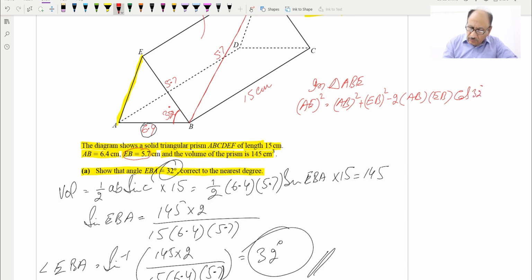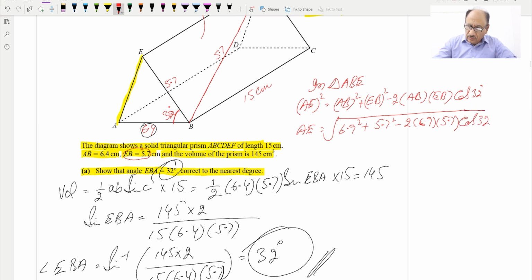We can replace the values, so AE will be equal to the square root of 6.9 squared plus 5.7 squared minus 2 into 6.9 into 5.7 into cos of 32 degrees.